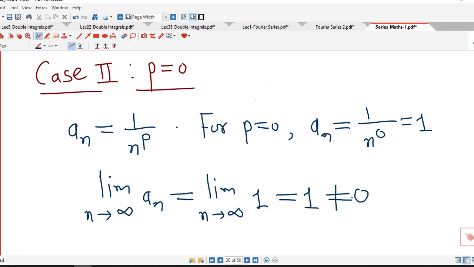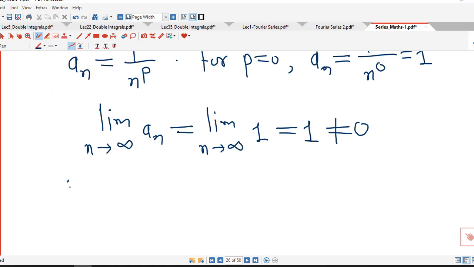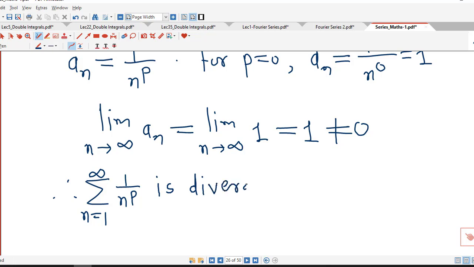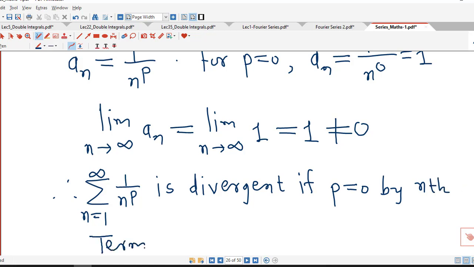So this is also non-zero. Therefore by the nth term test for divergence, the series is divergent if p equals 0. So sigma 1 over n raised to p is divergent if p equals 0 by the nth term test for divergence.